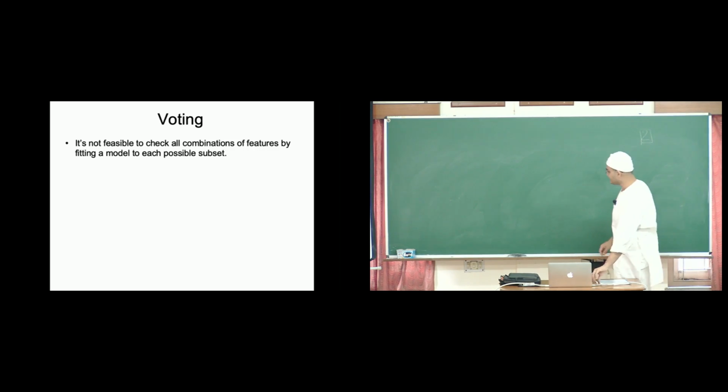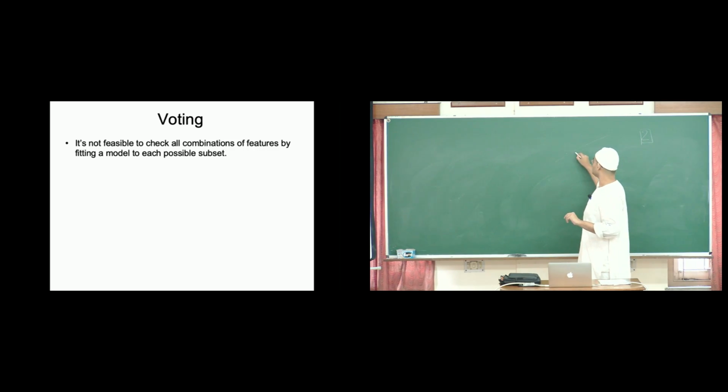If you have a straight line, all the points give some vote, right? And there would be a majority. If there are some noises here and there, they will also give some vote, but the vote would be scattered. So the majority would still be the majority.